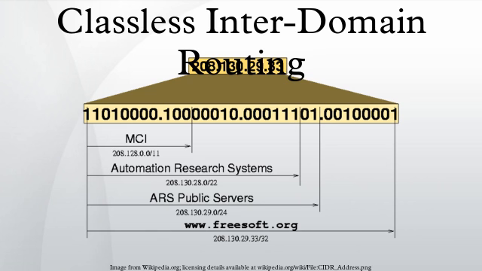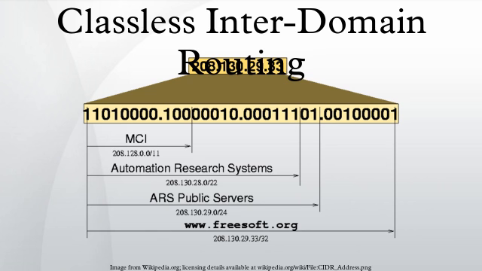For example, in the late 1990s, the IP address 208.130.29.33 was used by www.freesoft.org. An analysis of this address identified 3 CIDR prefixes. 208.128.0.0/11, a large CIDR block containing over 2 million addresses, had been assigned by ARIN to MCI.